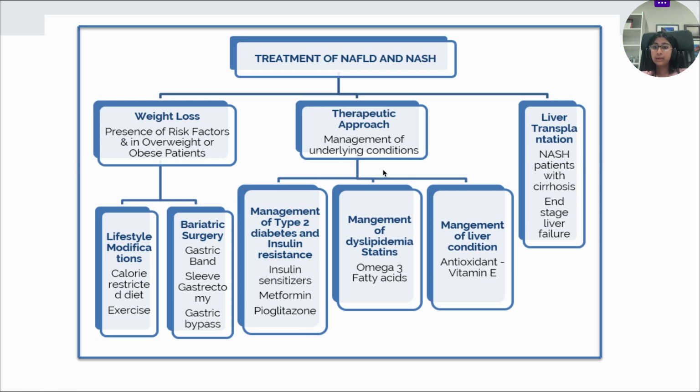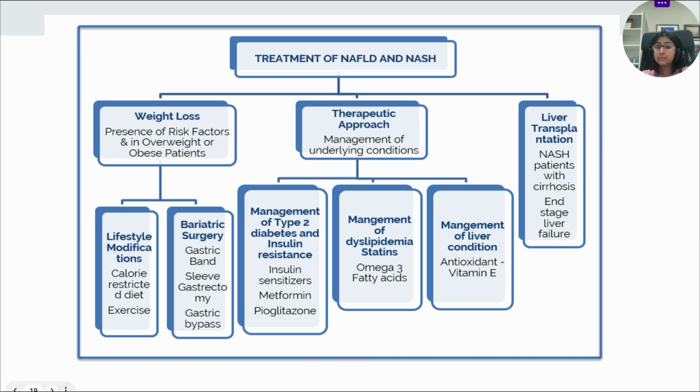Here, we also have therapeutic approach, which usually involves medications. Insulin sensitizers are a big one, as well as acids and antioxidants like vitamin E. Lastly, when people are in end-stage liver failure, such as hepatocellular carcinoma, which is liver cancer, they might get liver transplantation.